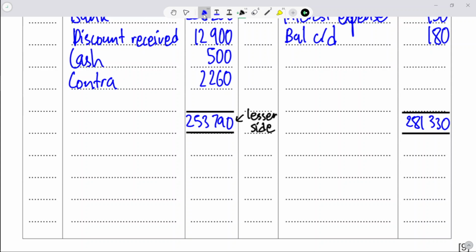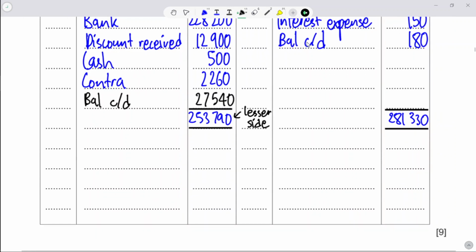So I just put here balance CD. Amount will be 27540. Okay. So don't be confused as two balance CD.